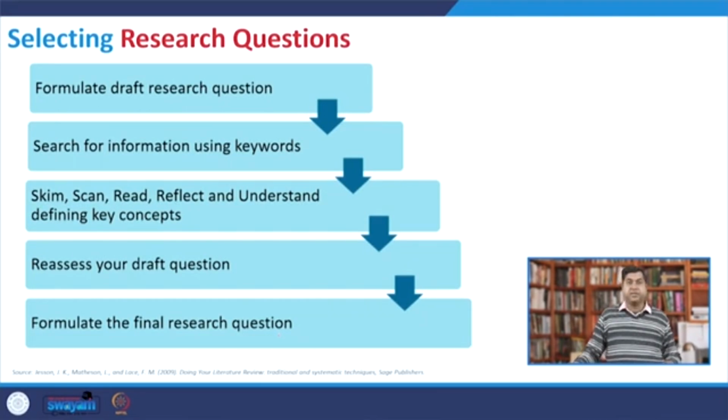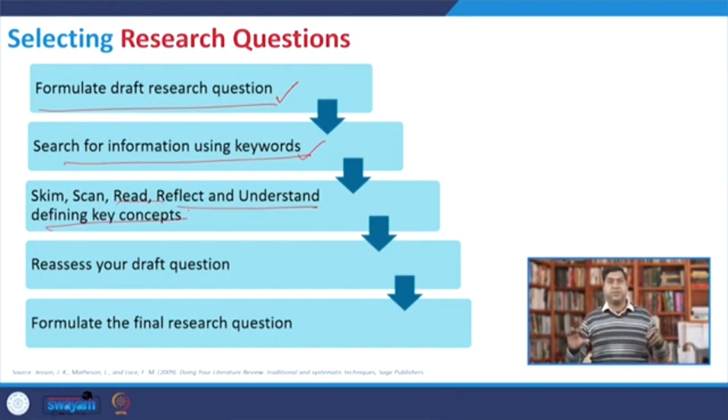Now, selecting research questions. First we formulate the draft research questions, search for the information with the keywords, then we quickly skim, scan, read and reflect and understand the key concepts, reading the abstract, reading the conclusion, not going into the detail of the methodology at this stage.